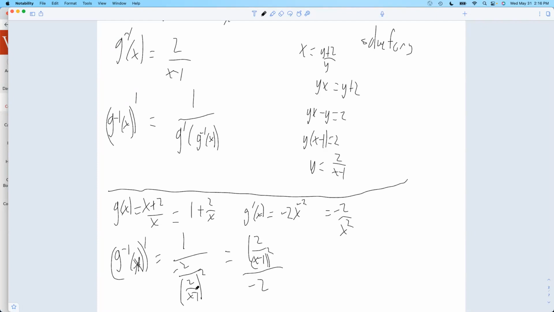So I just flip this fraction over. This will now be at the top, that'll be the bottom. And then I can do another keep, change, flip, and these will cancel, and I get -1 over x minus 1 squared.